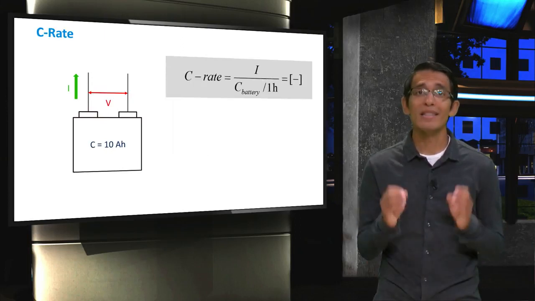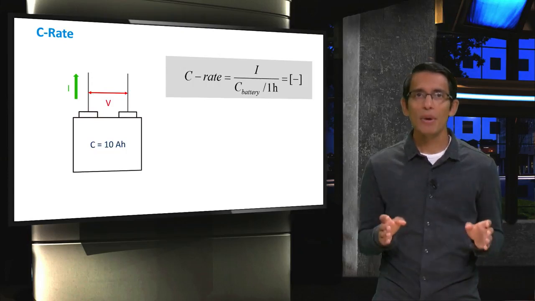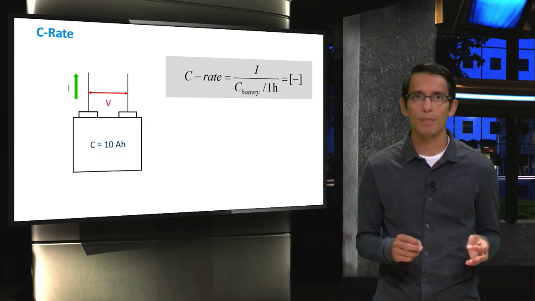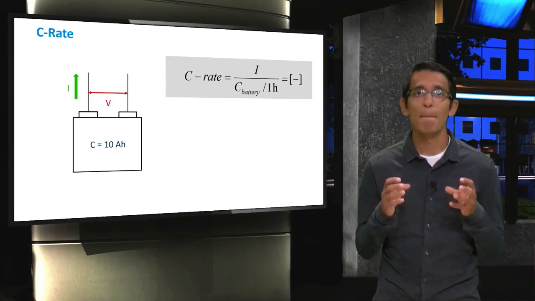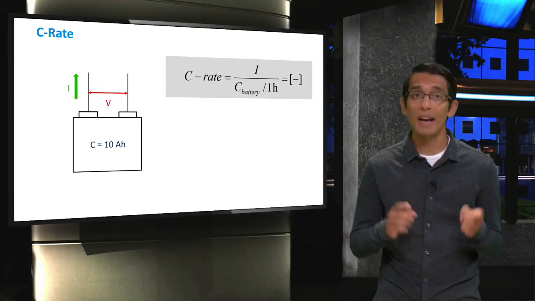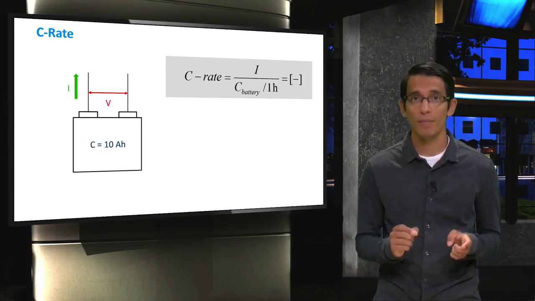Up next is the C rate of the battery. C rate is the measure of the rate of discharge of the battery relative to its capacity. It is defined as the maximal current that can be drawn from the battery in 1 hour divided by the battery capacity.